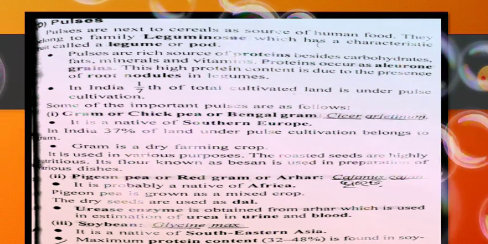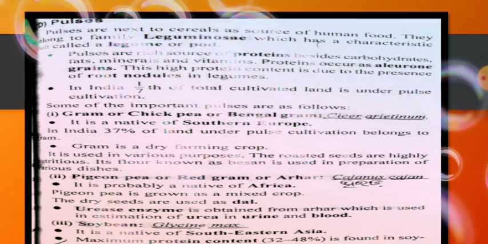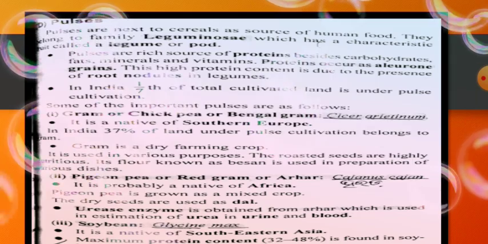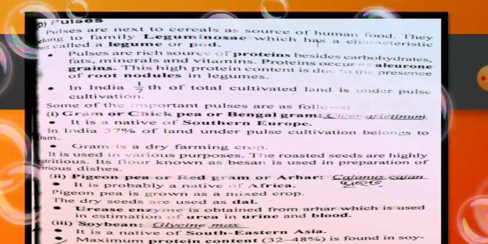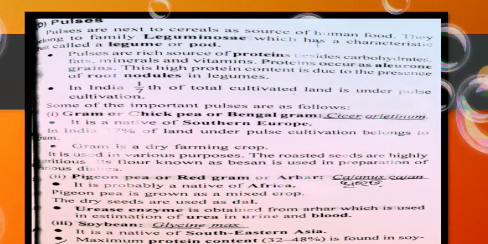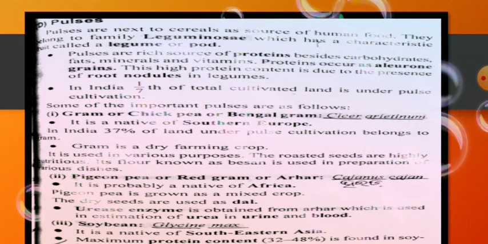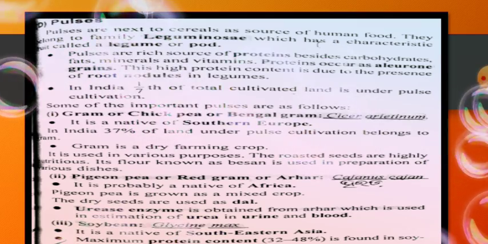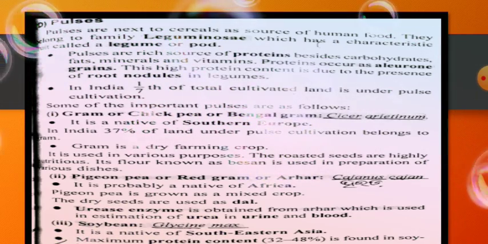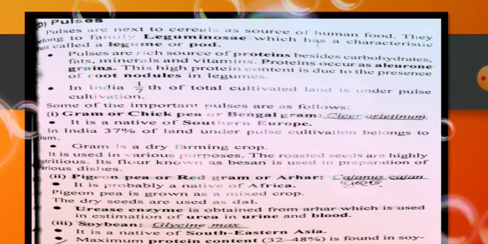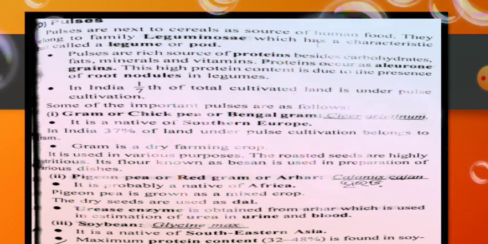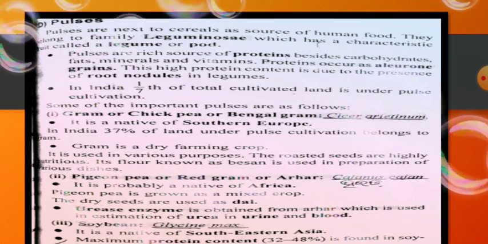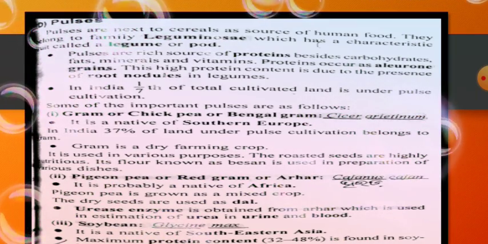Pigeon pea is grown as a mixed crop, and the dry seeds are used as dal. The urease enzyme found in the pigeon pea or red gram is obtained from the arhar, which is used in the estimation of urea in urine and blood.